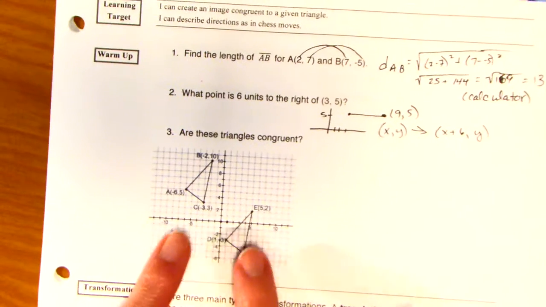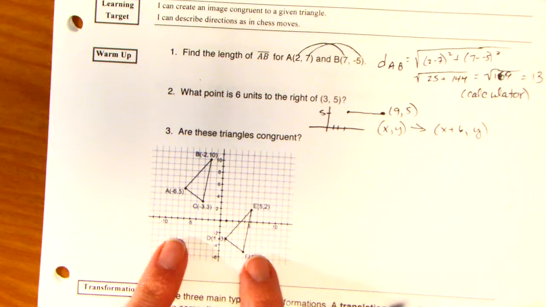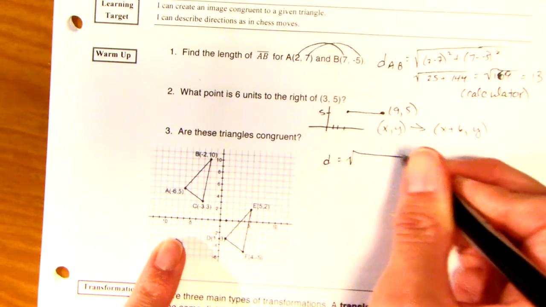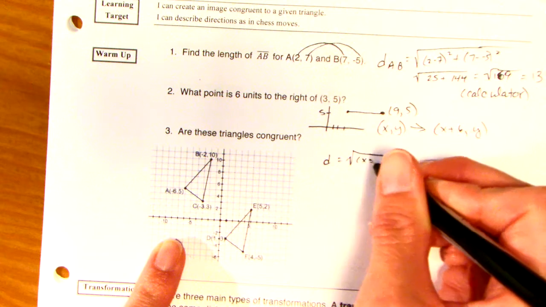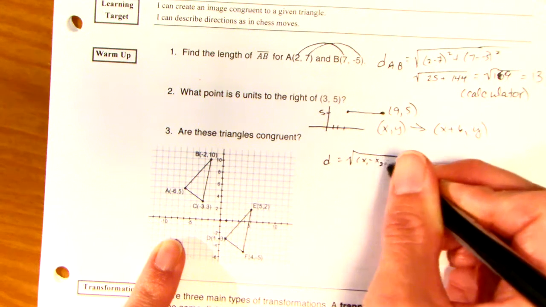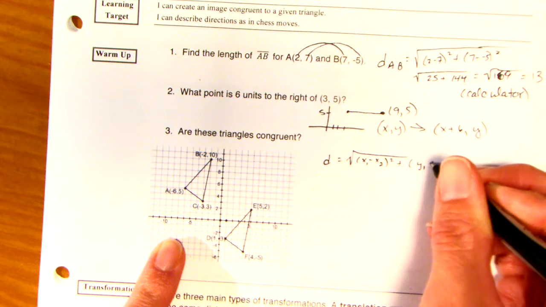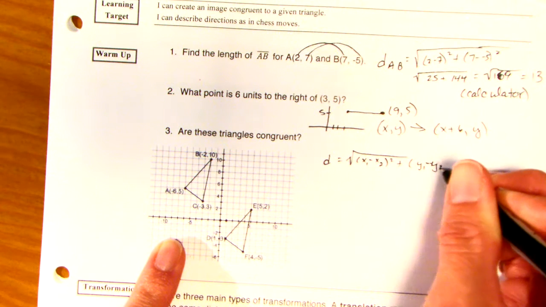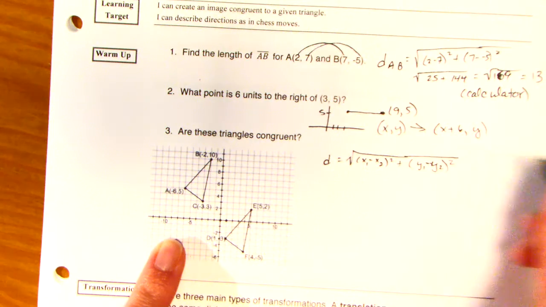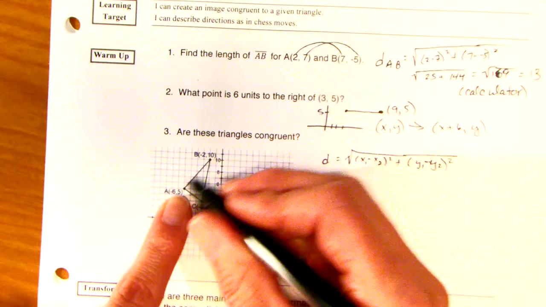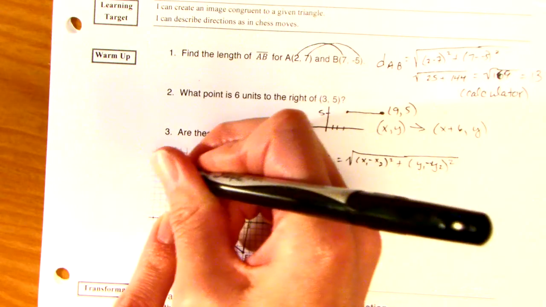Are these triangles congruent? So this is where I really want you to use a program. So I'm going to go ahead and just work them out. So remember the distance formula is the difference of your x's, square it, plus the difference of your y's, square it, and then take the square root of all that. All right, so I'm going to go ahead and tell you what the distances are. This distance right here is 6.403.